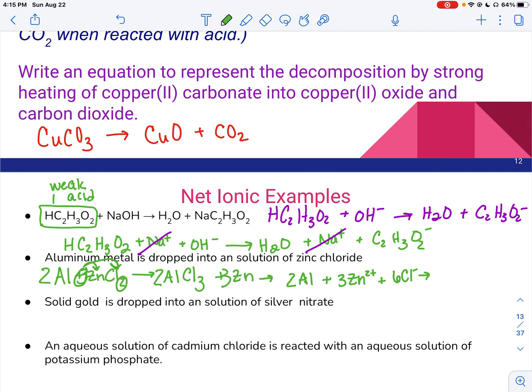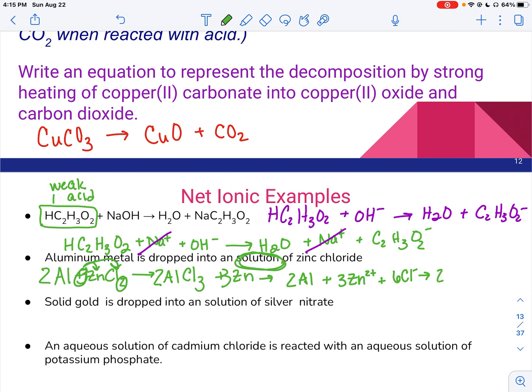On the other side, we have AlCl3. That's not one of our soluble rules or compounds, but that solution part carries over. Because we're saying they were in water, they're still in water, so we're going to assume that AlCl3 is still soluble because our problem mentioned the solution.